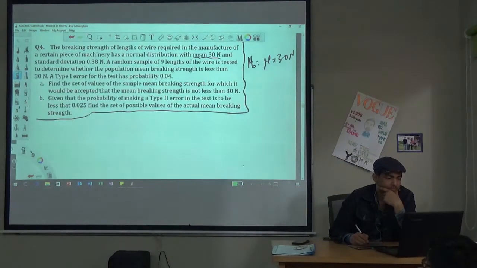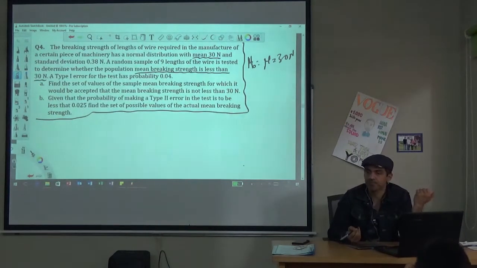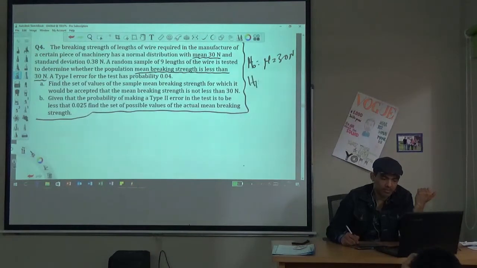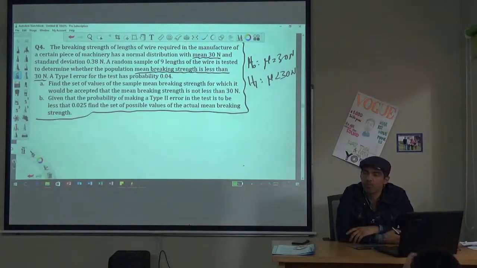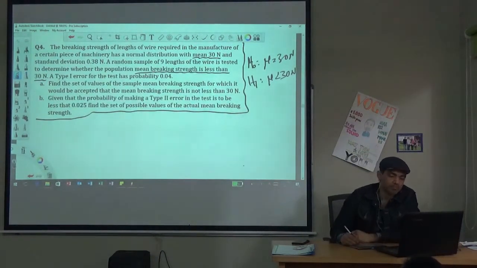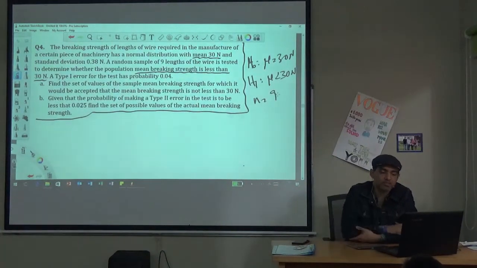But they feel that the mean breaking strength is less than 30 Newton now. So they try to research whether it is less than 30 Newton. It's a left tail test. So they are going to research this.